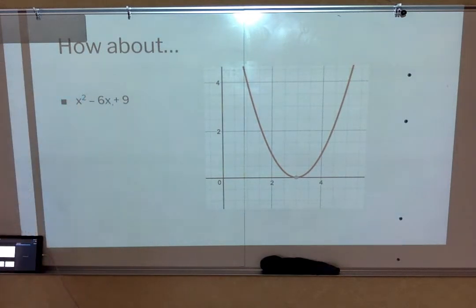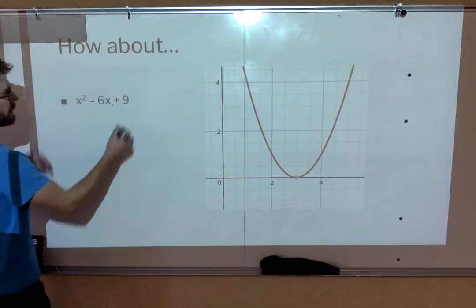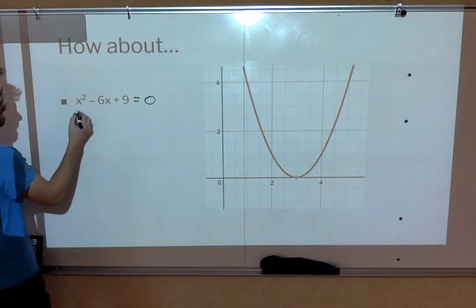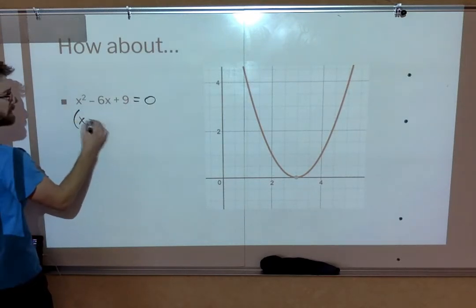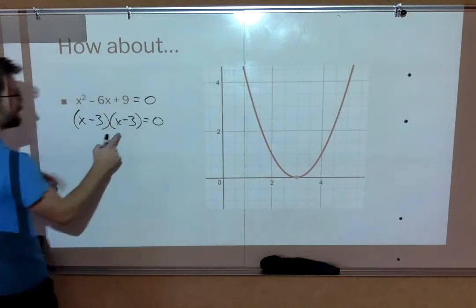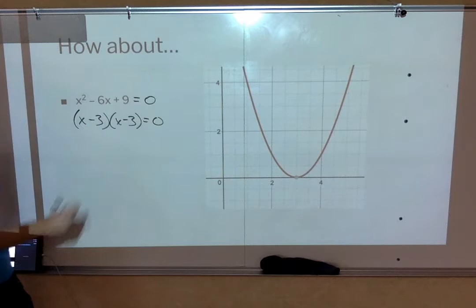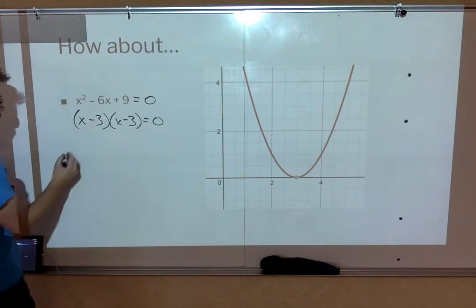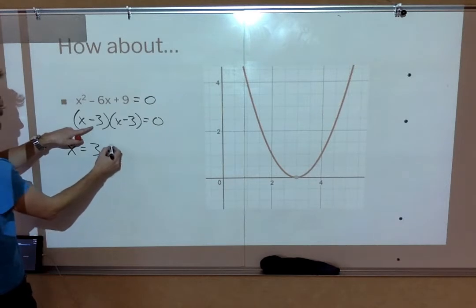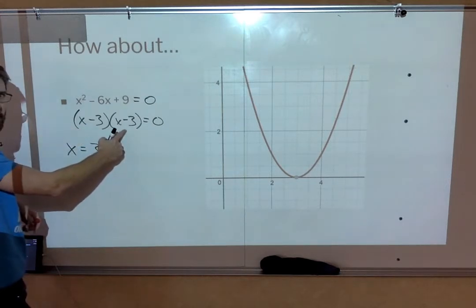Well, if I look a little closer and I want to know where this equals 0, I could solve this by factoring, and I would get x minus 3 and x minus 3, right? That multiplies to positive 9, adds to negative 6. So my solutions here are x equals positive 3 for this one, and positive 3 for this one.